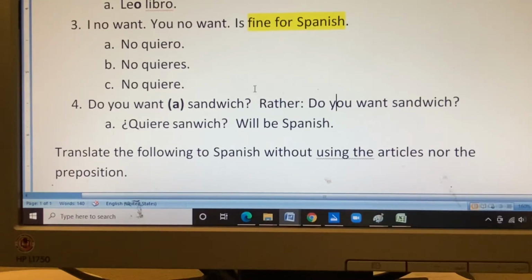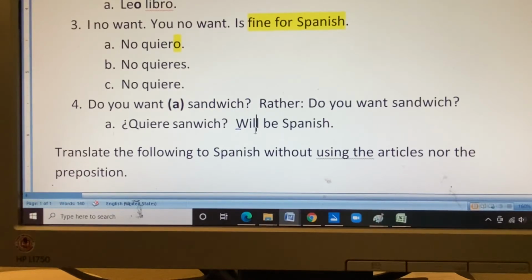So in Spanish, again, we're going to conjugate the verb to want and for yo, we're going to put an O because the O puts inside the verb yo. Yo meaning I in English.